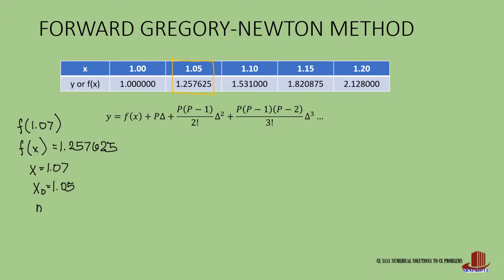Our n would still be the difference of the intervals of x given as 0.05. Let's proceed with p. Our value for p is taken as x less x naught all over n. And this would be given as 1.07 minus 1.05 all over 0.05, which when computed would give us 0.4. We proceed with our equation.